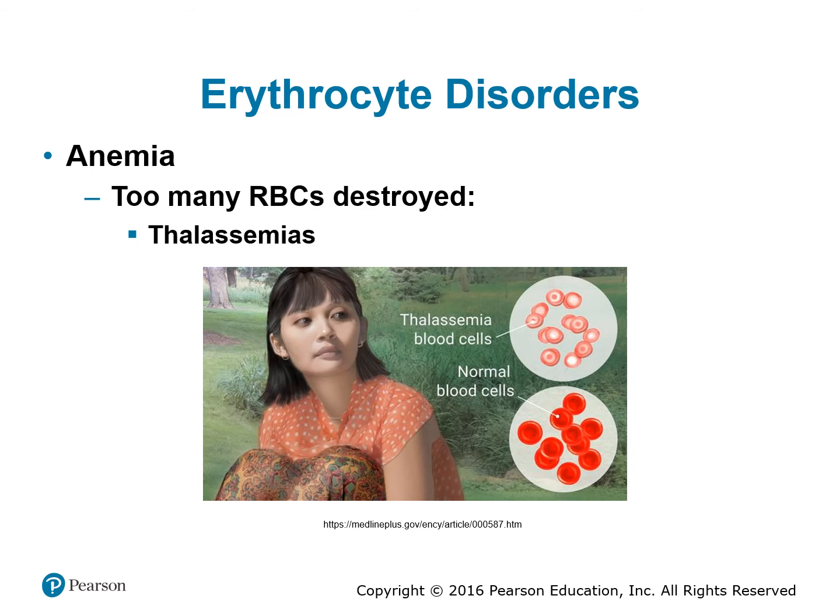Thalassemias are a form of genetically inherited conditions that can arise when there are too many red blood cells being destroyed. The thalassemias are typically found in people of Mediterranean ancestry and descent. And as we mentioned, the hemoglobin molecule has the different globin chains. And if there's a globin chain absent or faulty, this can give rise to the thalassemia, and this is how they're classified.